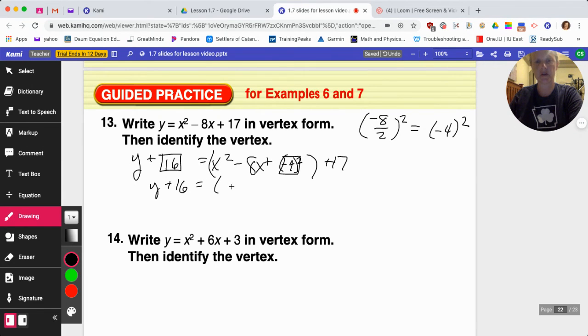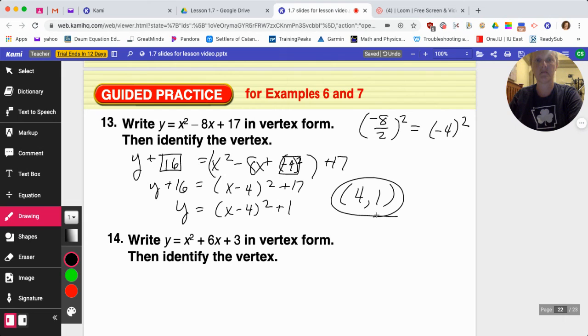Here I have a perfect square trinomial, (x minus 4) squared. Subtract 16 from both sides. The vertex is (x minus h), so it's 4 plus k. Oops. That is the vertex. Let's double check. 13, 4, 1. Good job.